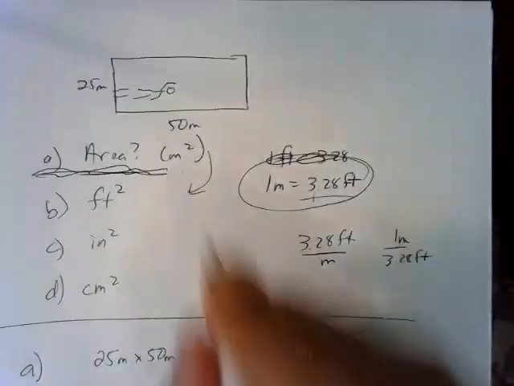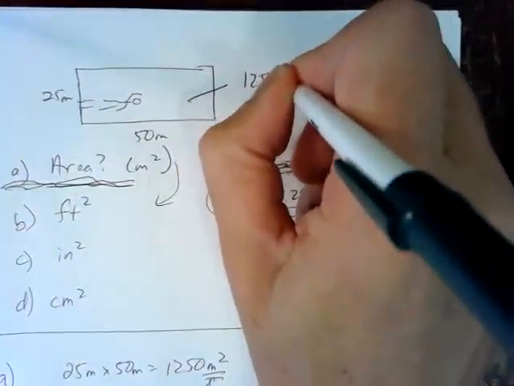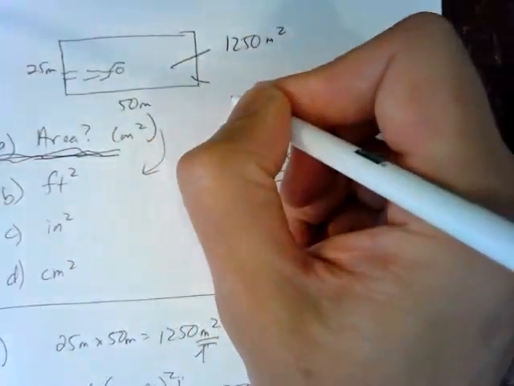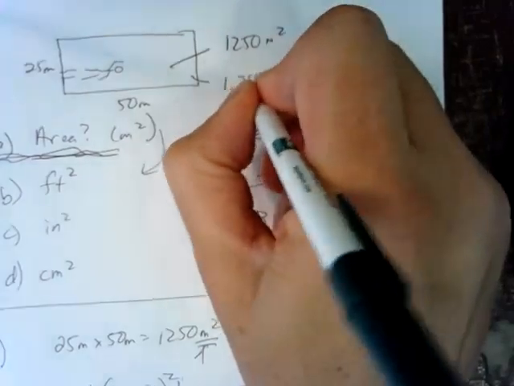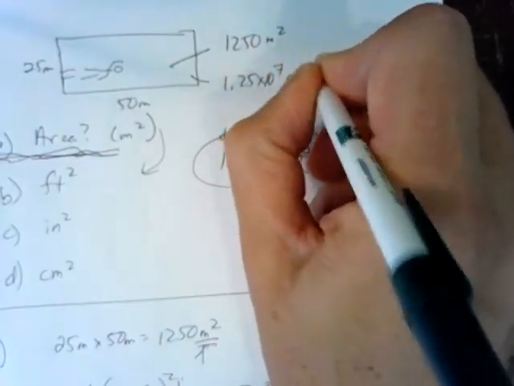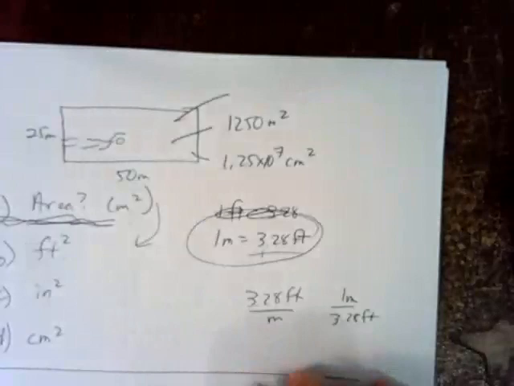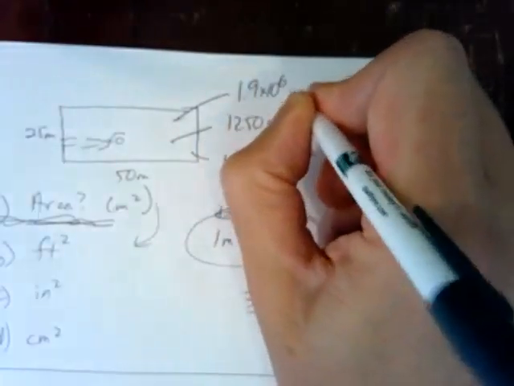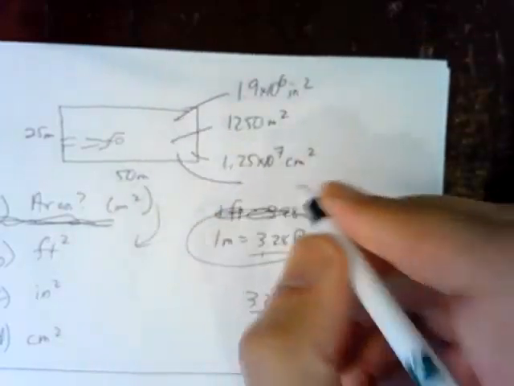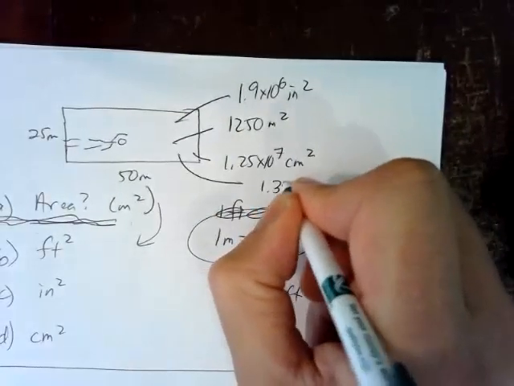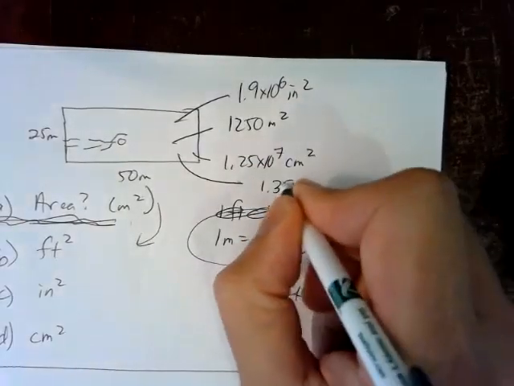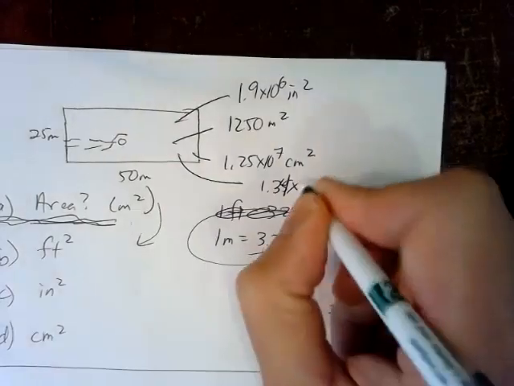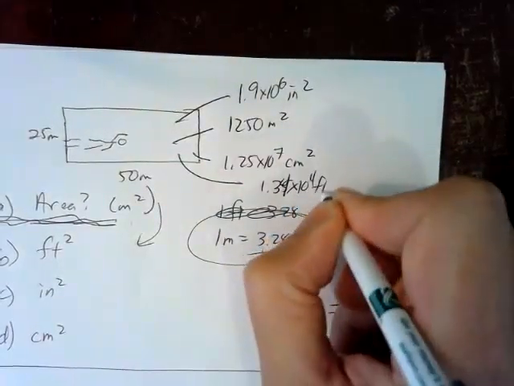So this swimming pool is 12,050 meters squared, or we can also say it is 1.25 times 10 to the 7th centimeters squared, or we could say it is 1.9 times 10 to the 6th inches squared, or we could say it is 1.34 times 10 to the 4th feet squared.